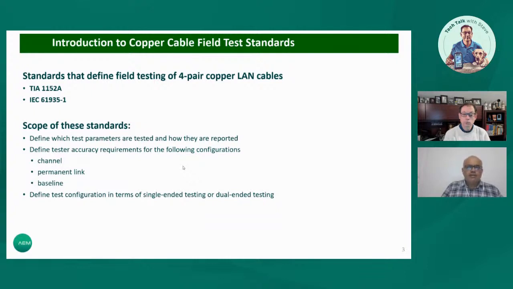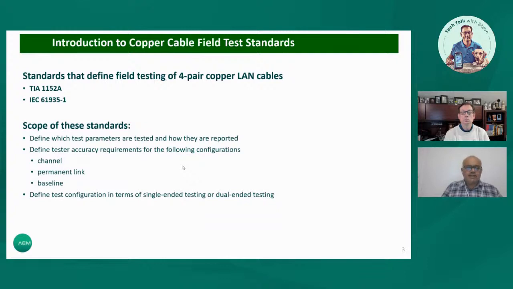For testing a specific category, let's say Cat 6A or Cat 8, there is a need for a certain level of guaranteed accuracy for measurements that can be relied on. And so the standard specifies those accuracy requirements for three configurations: channel, permanent link, and baseline. Baseline is where you have a tester without any adapter, just at the interface of the tester, the connector of the tester, right?